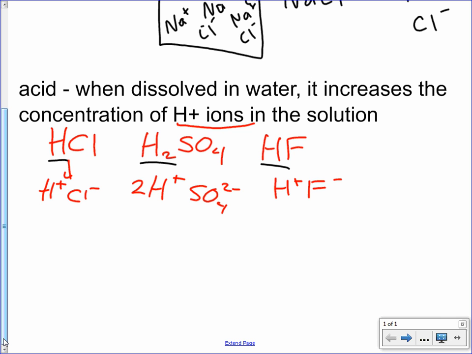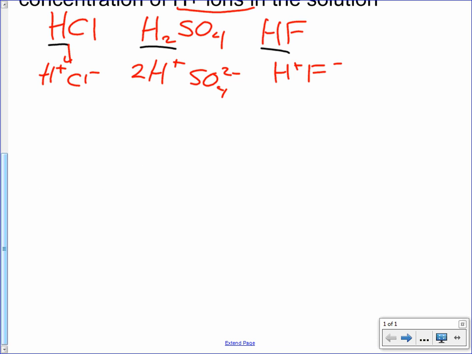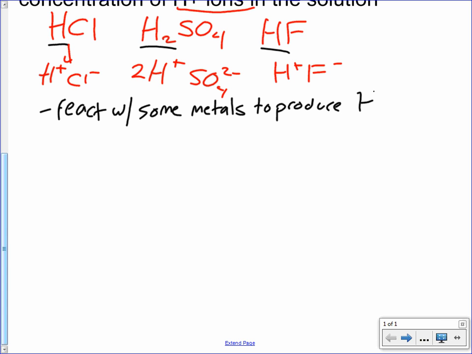Some other things about acids: they react with some metals to produce hydrogen.